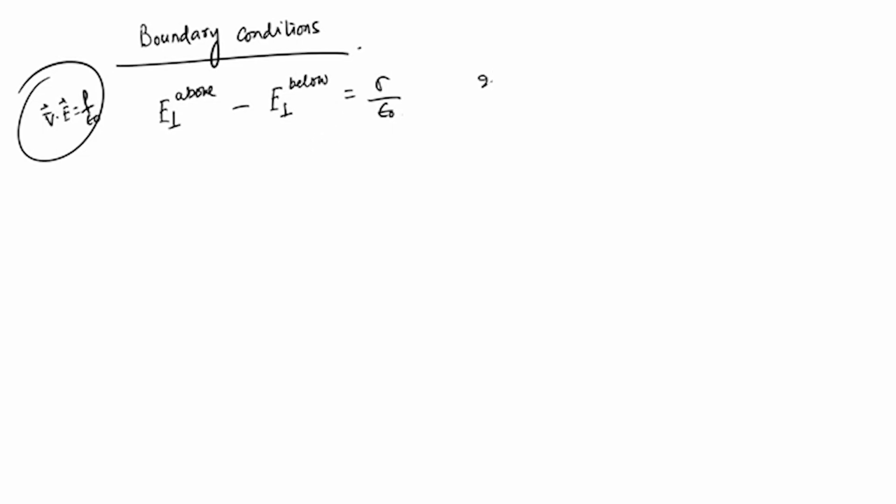Of course, if sigma is 0, there is no charge density on the surface, then this is continuous, which means that E above equals E below. Okay. And similarly, V above is always equal to V below. It does not matter whether we have this charge at the interface or not.